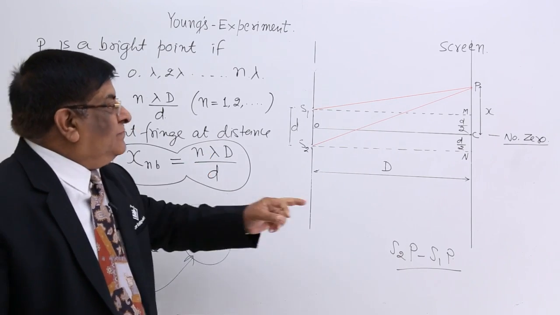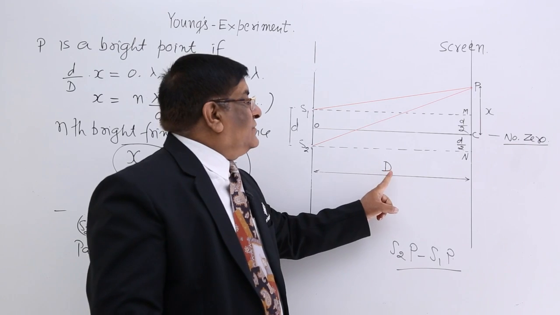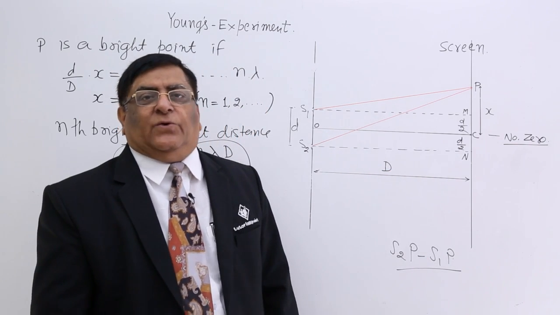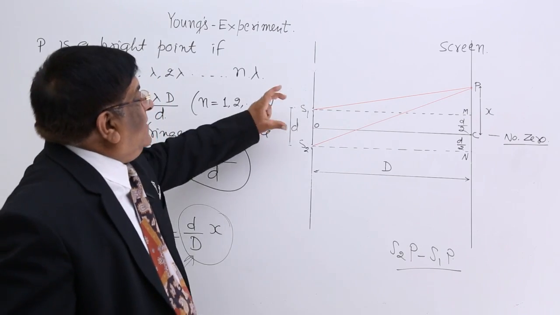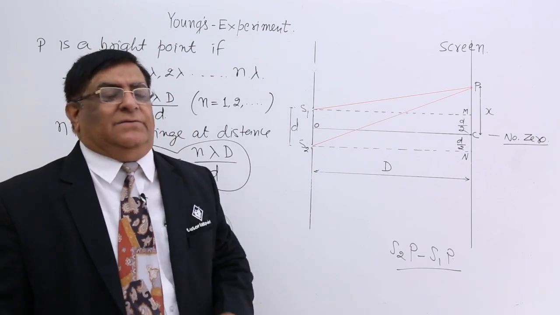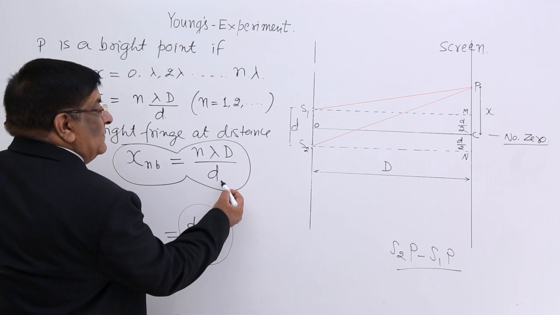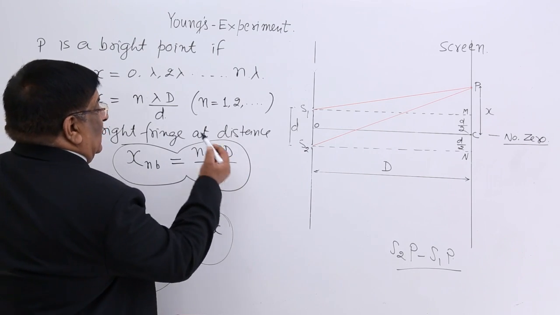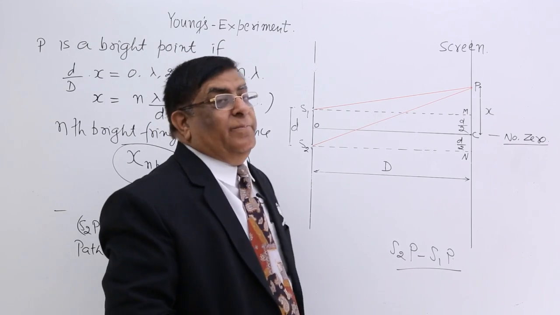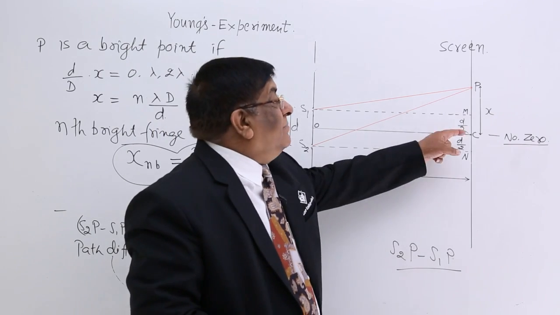The screen is at a distance 1 meter, 1000 millimeter. This distance d is equal to 4 millimeter. You got the D, you got the d, you got the lambda. Now I am asking you, where will be the 17th bright fringe?